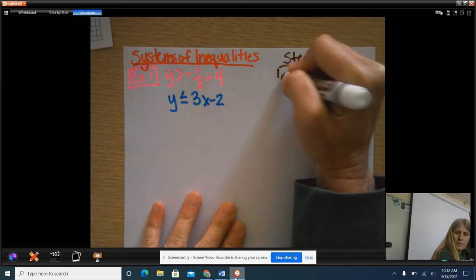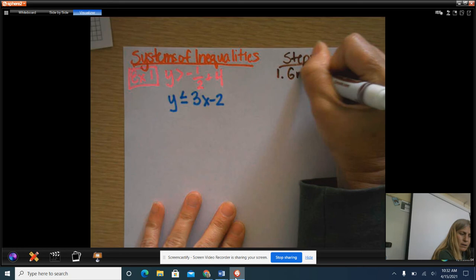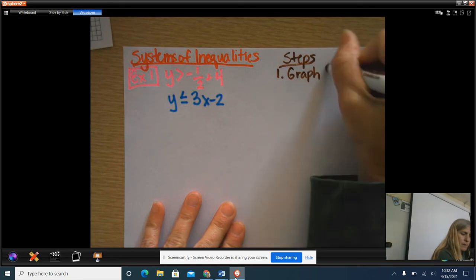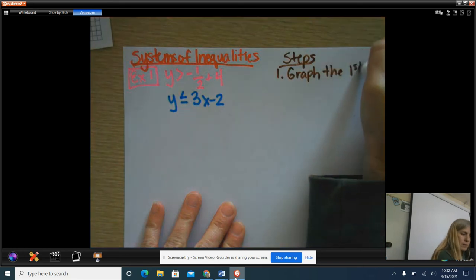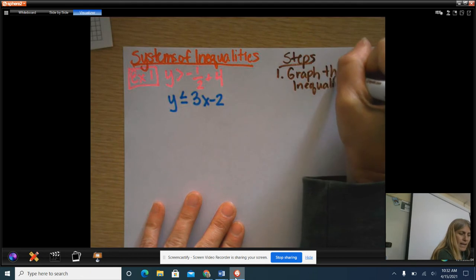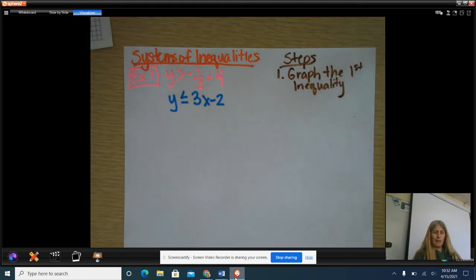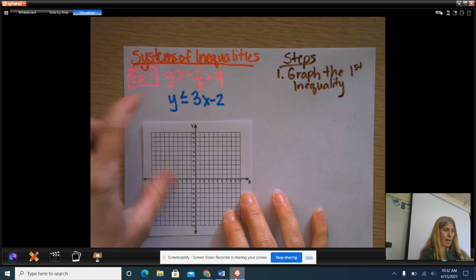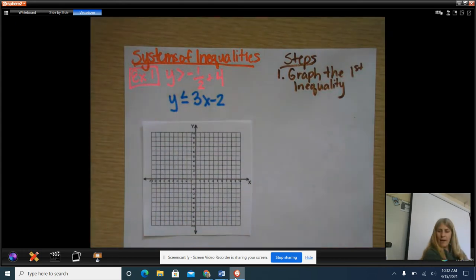So step 1 is to graph the first inequality. For additional notes on how to do that, those are our notes from our class last week. So we're going to take a look at our graph.